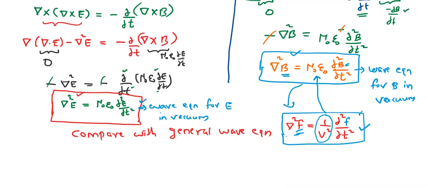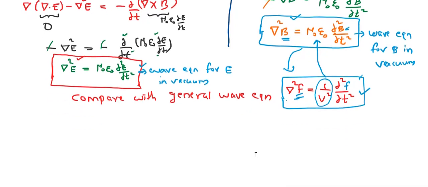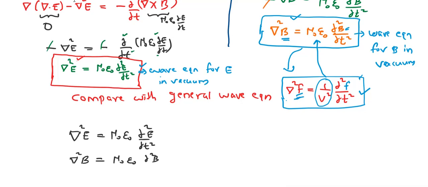Then let me write this sentence here. We have the two equations. The first one is del square E is equal to mu 0 epsilon 0 dou square E by dou T square. The second equation, del square B is equal to mu 0 epsilon 0 dou square B by dou T square.